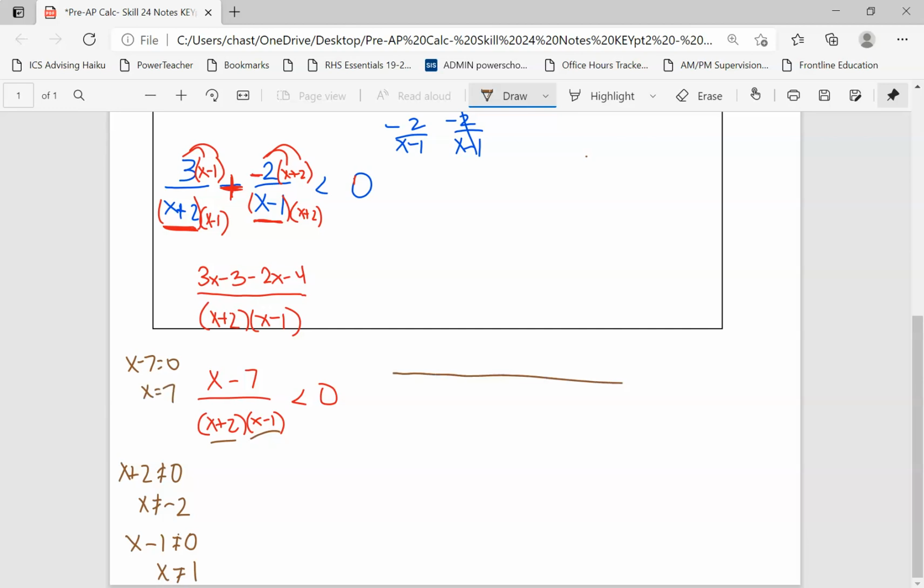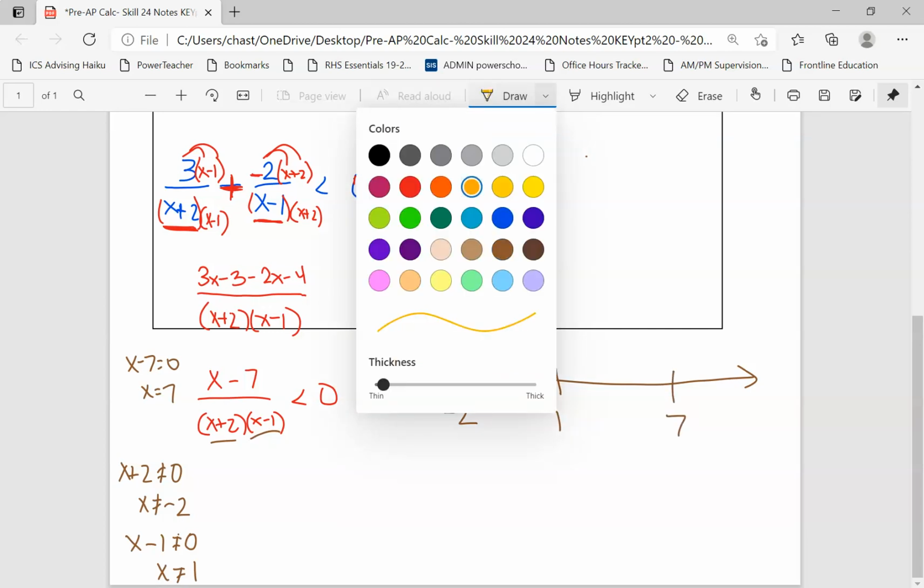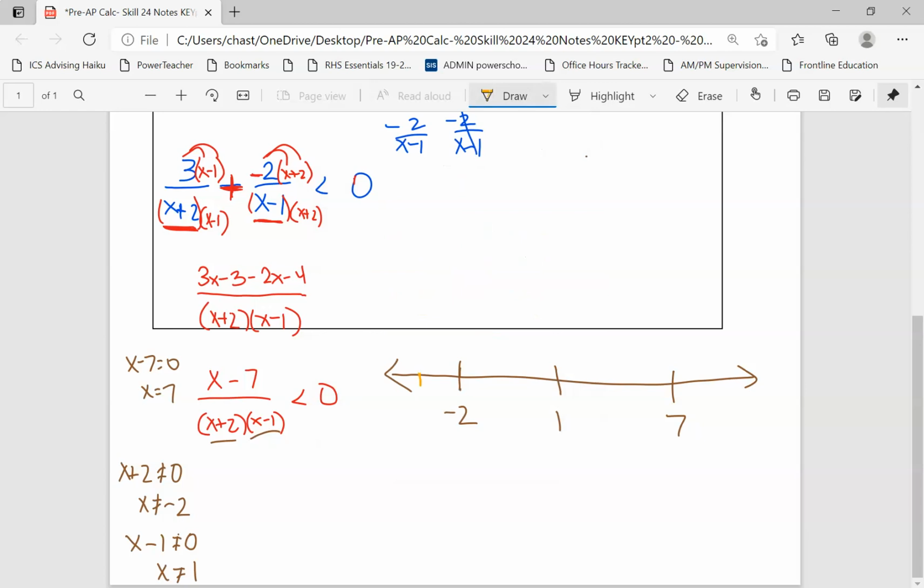So I'm going to make my number line using those critical values. So let's see, negative 2, 1, and 7. Let's pick some test points. So let's see, negative 3, 0, 2, and 8. And nothing canceled or simplified in our function, so I'm going to use this form.